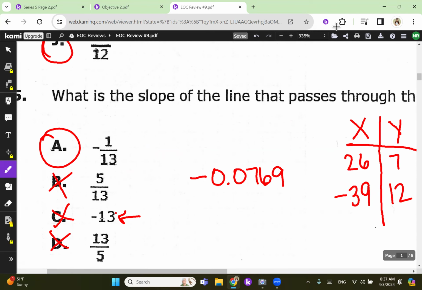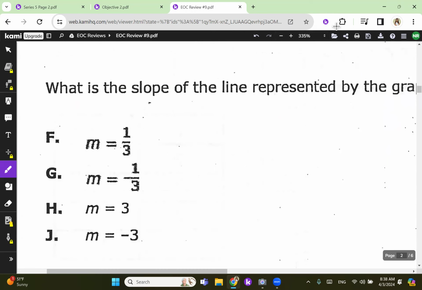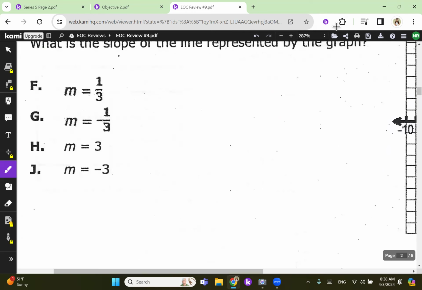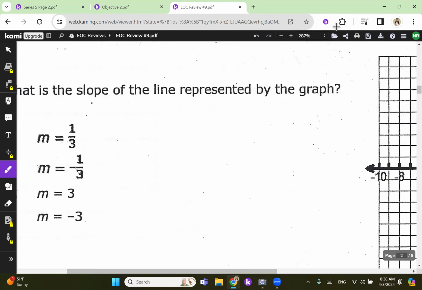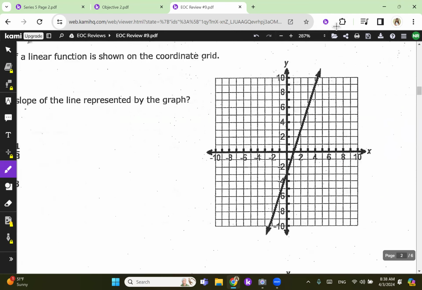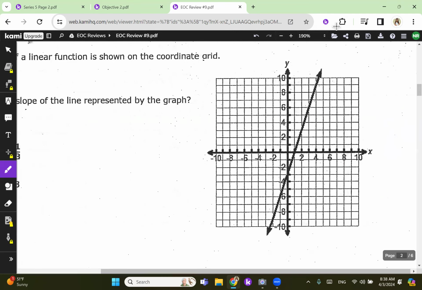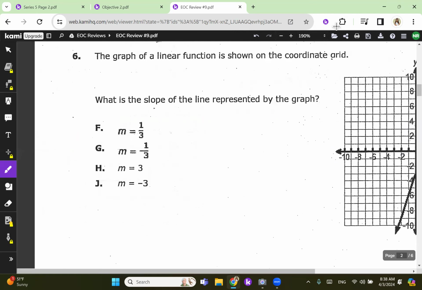Whoa, what question is this? Number 5. All right, slope of the line that's represented by the graph. First thing you're supposed to notice on that graph is that the line is going in what direction? Up. So get rid of any negative answers.